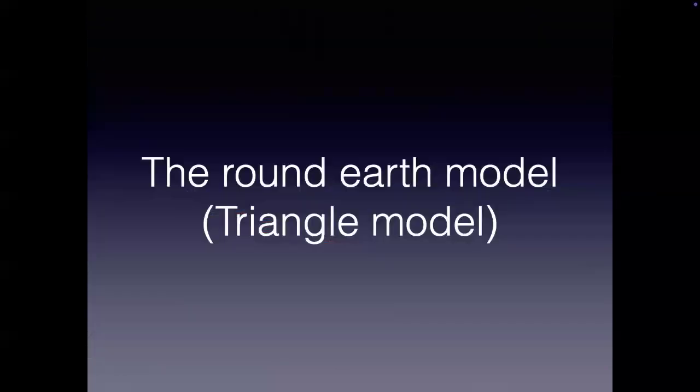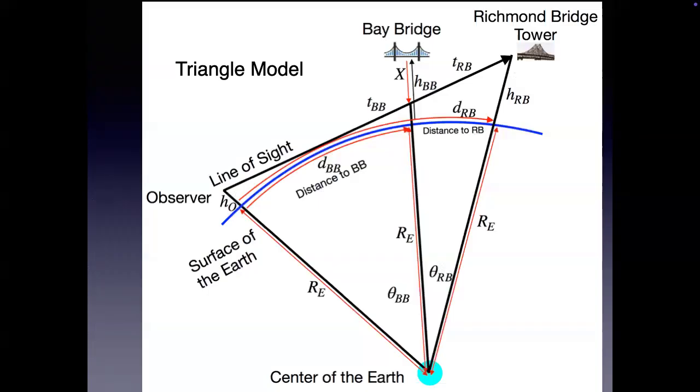Round earth model, long in coming, but finally got there. This is a crowd pleaser. We get into some math here. It's a lot of triangles, and suffice to say, if you want to get into it later, we can.